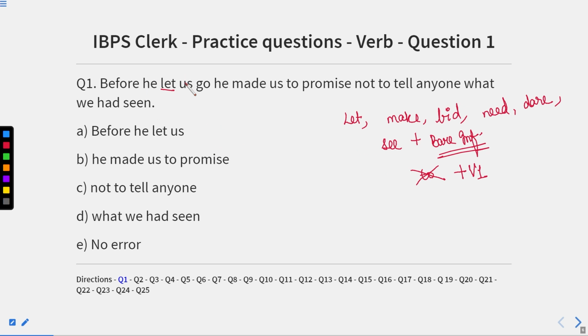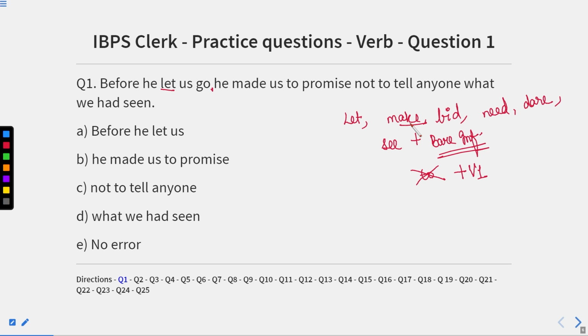So here, as the sentence is before he let us go, so let us go. For example, I say let me go, that is fine. But if I say let me to go, that will be incorrect. So up to this part, the sentence is absolutely correct. He made us to promise. Also, I told you that after any form of make, we cannot use to.